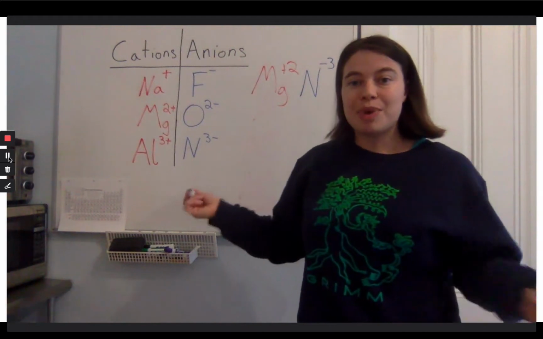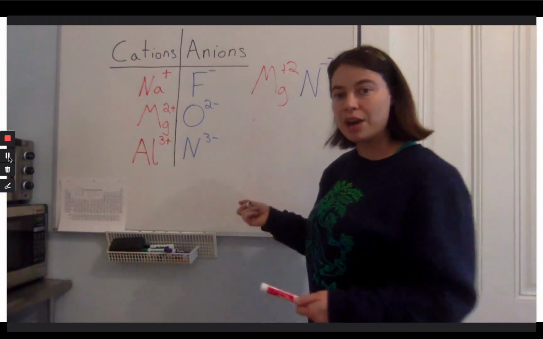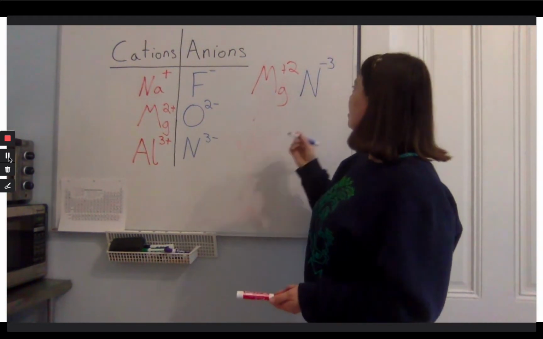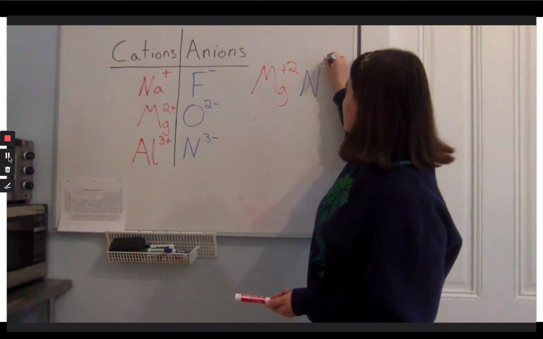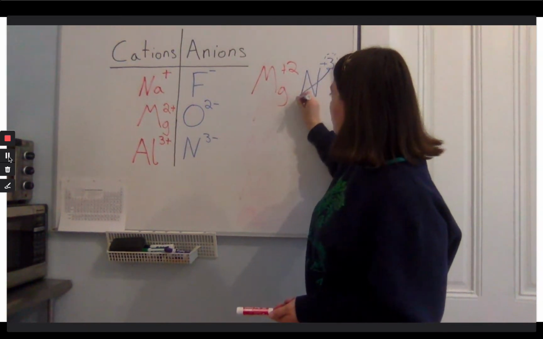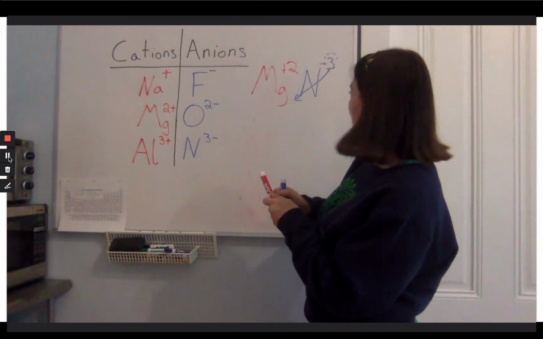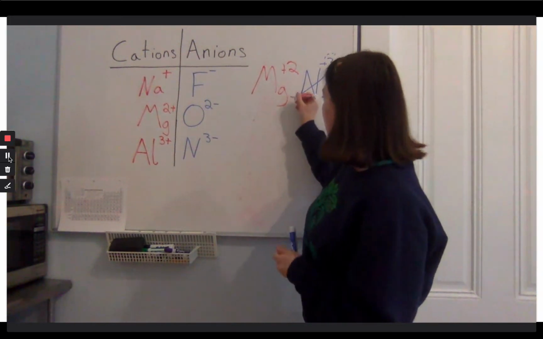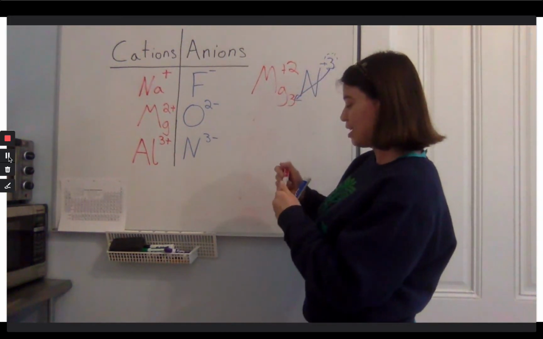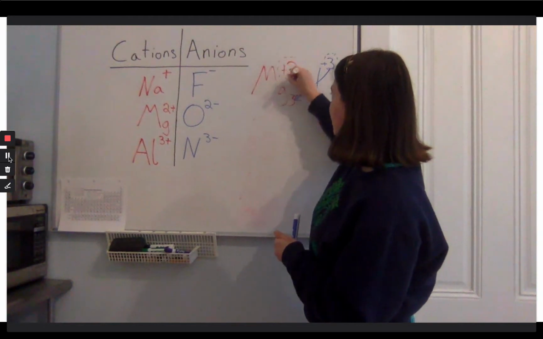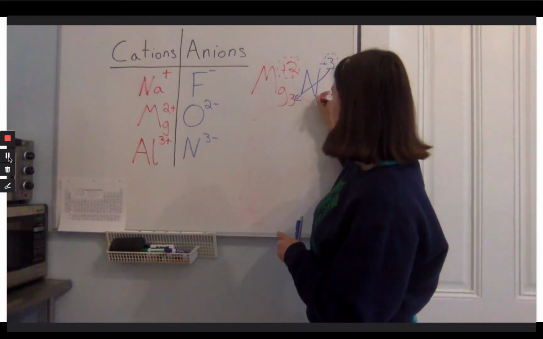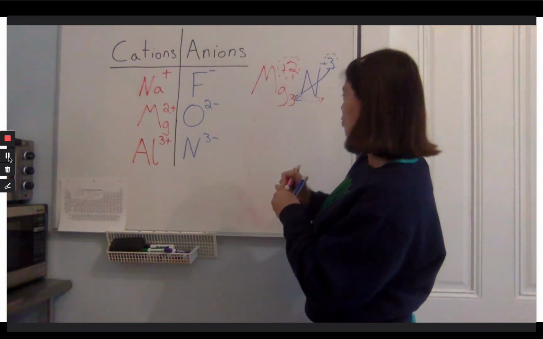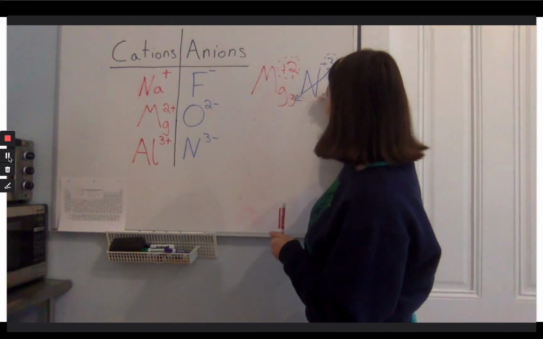So now I need to think, well, how many magnesiums are going to balance out how many nitrogens? The trick here is just take this number here and sort of move it down to the corner for the other one. So I will actually have 3 magnesiums. Then I can take this number right here and move it down here. So I will have 2 nitrogens.